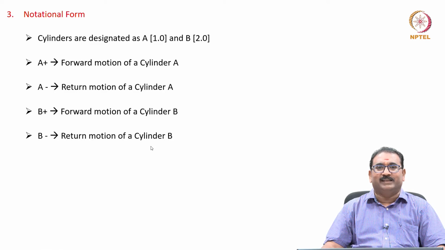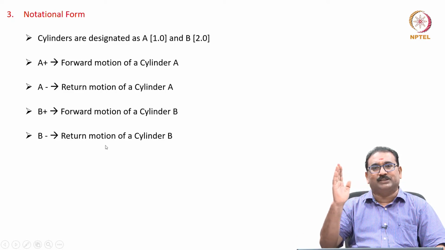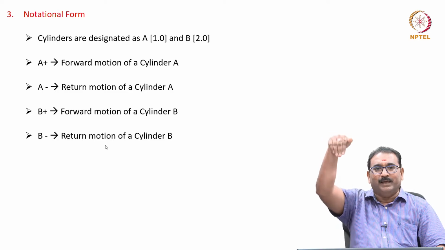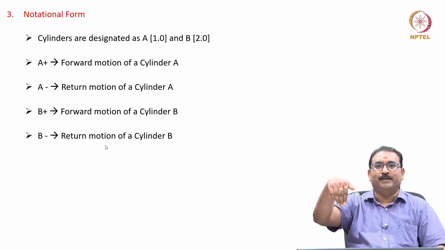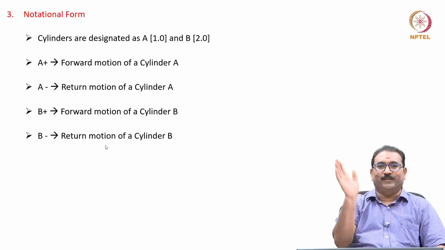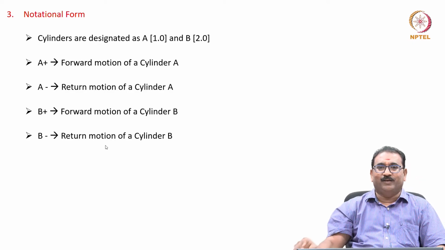Then how to represent the control task in the notational form? First, which cylinder will extend? A plus, then B plus, then B minus, then A minus.